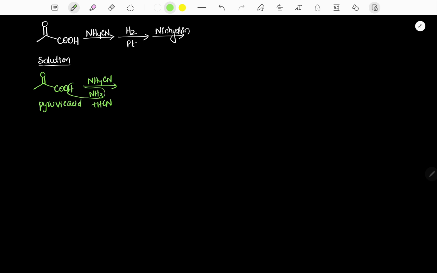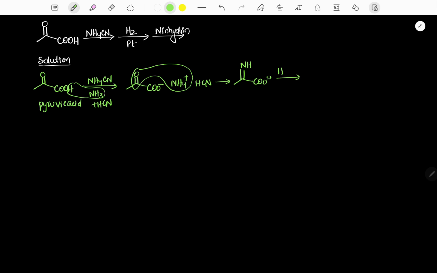First, an acid base reaction gives NH4 plus and HCN. And we know that a ketone reacts with ammonia in the presence of H plus and forms the corresponding C double bond NH, an imine.